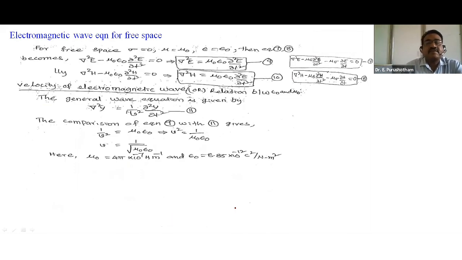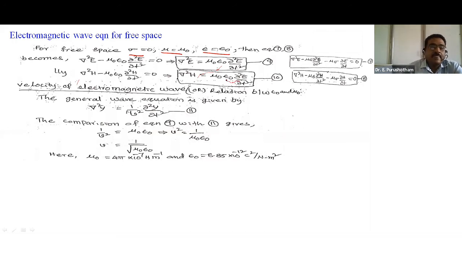For free space, sigma is equal to 0, mu is equal to mu naught, epsilon is equal to epsilon naught. Then equations 7 and 8 become del square E is equal to mu naught epsilon naught dou square E by dou t square, and del square H is equal to mu naught epsilon naught dou square H by dou t square. Equations 9 and 10 represent the electromagnetic wave equation for free space.